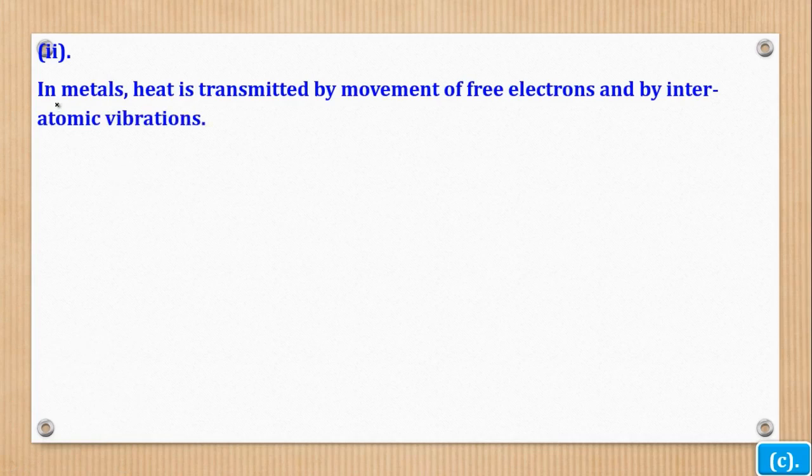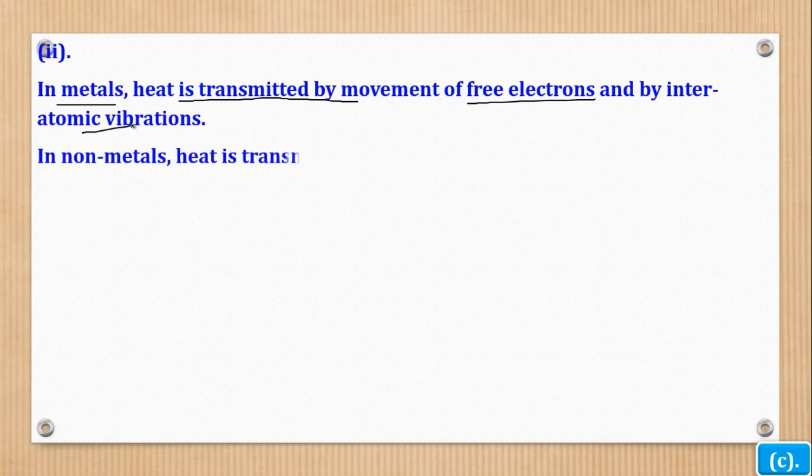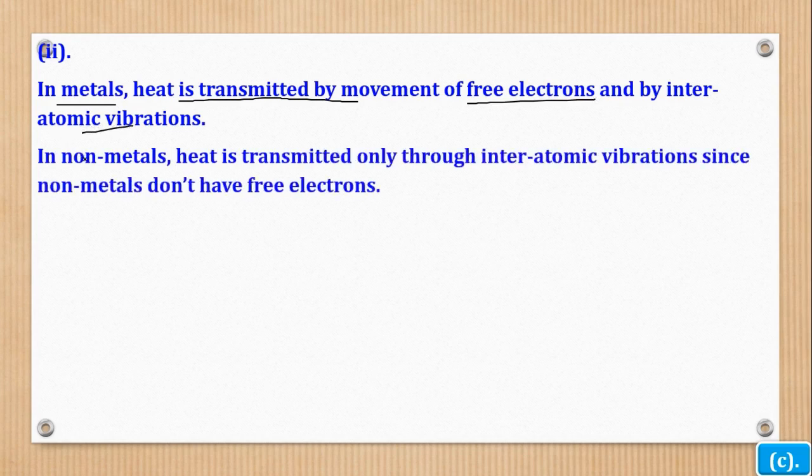So we shall say that in metals, heat is transmitted by movement of free electrons and by interatomic vibrations. But in nonmetals, heat is transmitted only through interatomic vibrations, since nonmetals don't have free electrons.